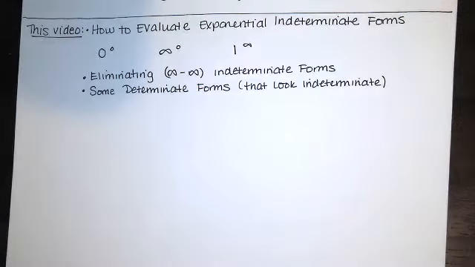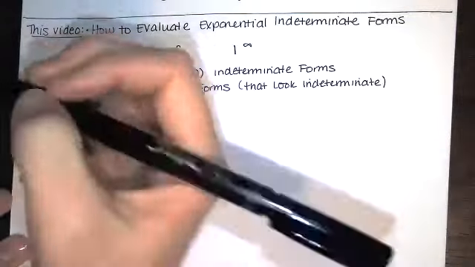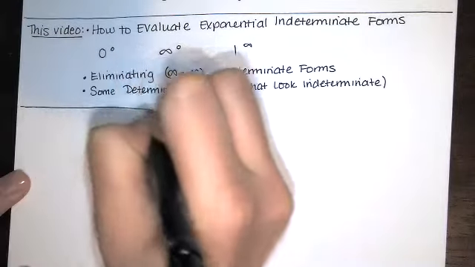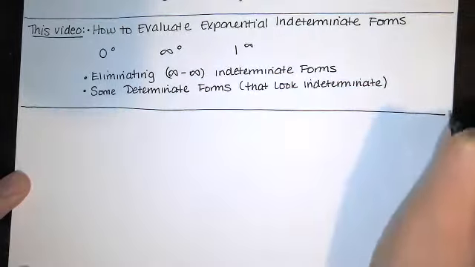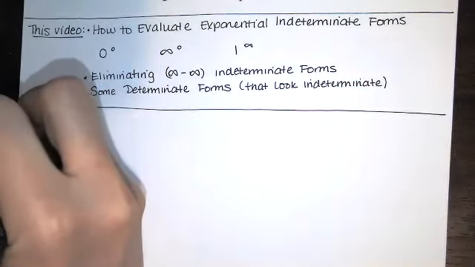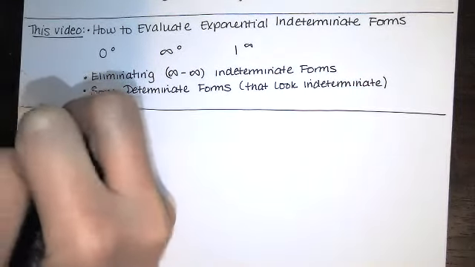So let's talk about the exponential indeterminate forms. Here's your approach. If you have an exponential indeterminate form, so it's one of those 3 types, this is how we'll do it.